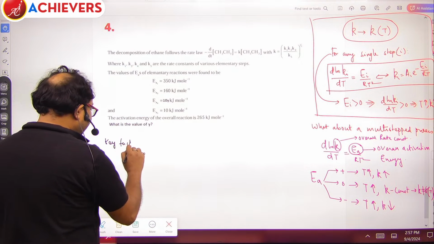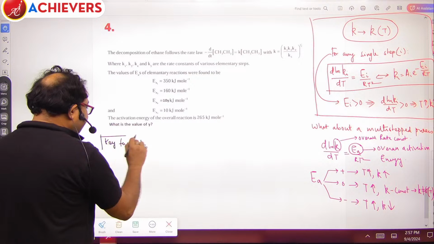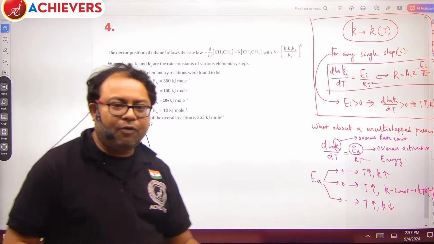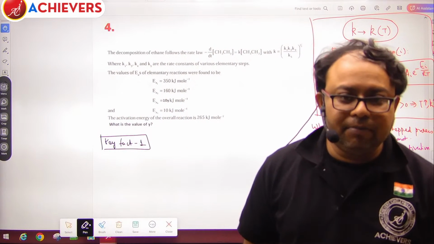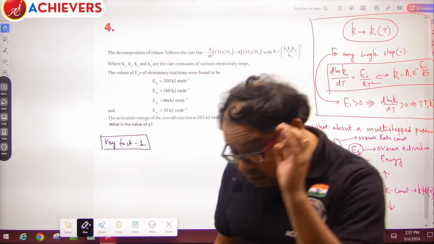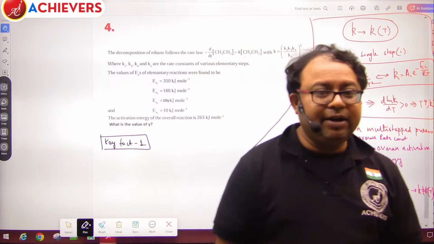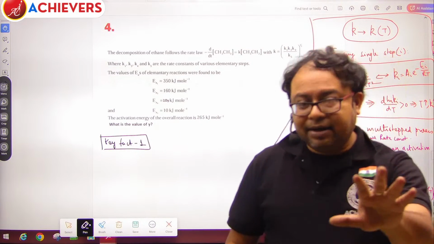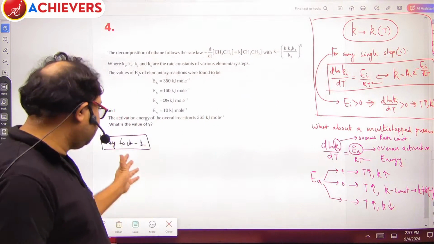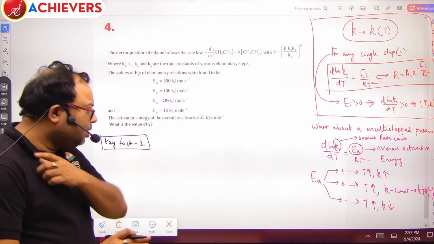Key fact 1 will be applied for solving this type of problem, and I will also show you key fact 2, which will be applied for solving different types of problems. So I will come to that later. At first, let us ponder into key fact 1.